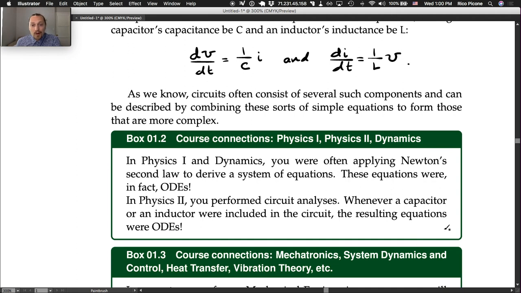So in Physics 1 and dynamics, you were often applying Newton's second law to derive a system of equations. These were, in fact, linear ODEs. In Physics 2, you performed circuit analyses. Whenever a capacitor or an inductor were included in the circuit, the resulting equations were ODEs. You probably wouldn't have discussed it directly because you probably wouldn't have had differential equations before taking Physics 2.